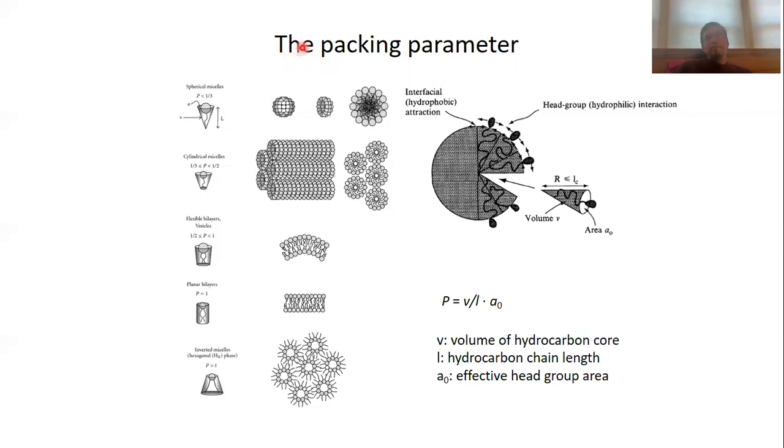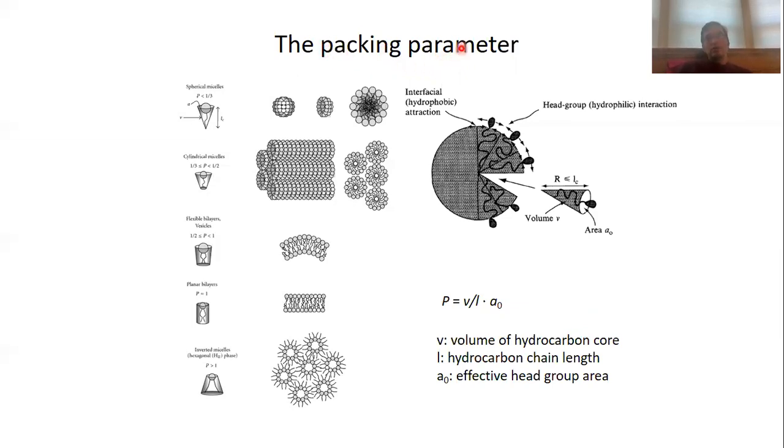One important parameter, probably the most important parameter, is the so-called packing parameter, which is associated with the shape of the micelle, which is a result of the relative size of the hydrophilic component of the surfactant versus the hydrophobic component of the surfactant.